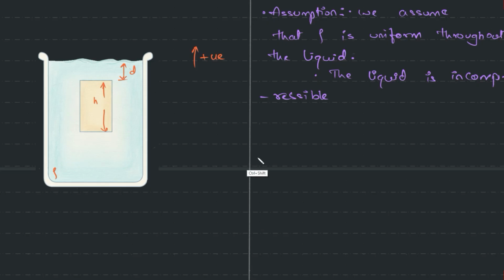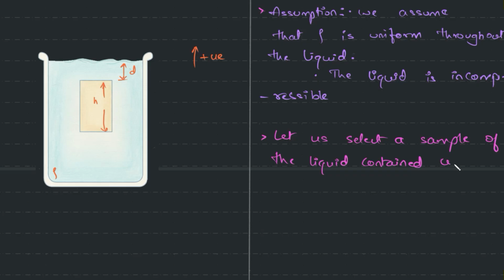Okay. Now, to continue the derivation, we need to consider a small section of, let us select a small sample of the liquid contained within an imaginary, say, cylinder. A few specific things about it that we need to know.